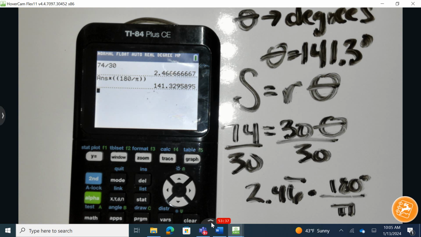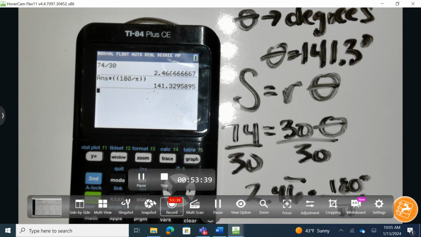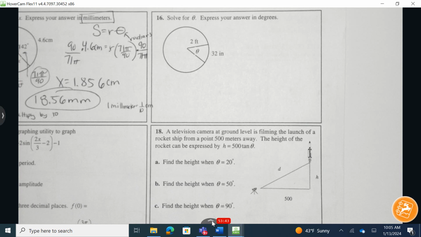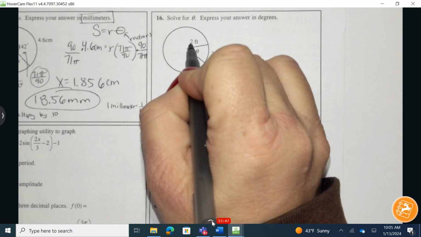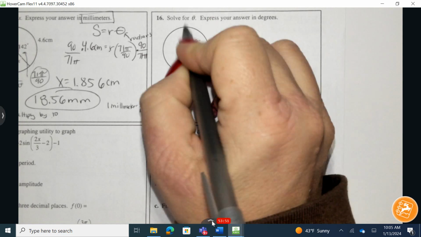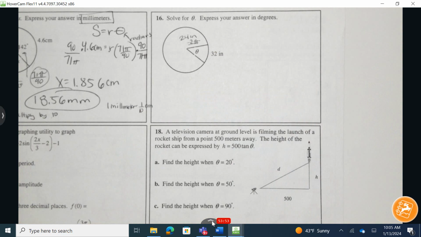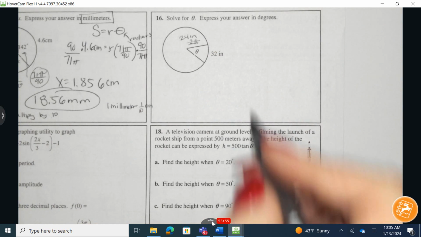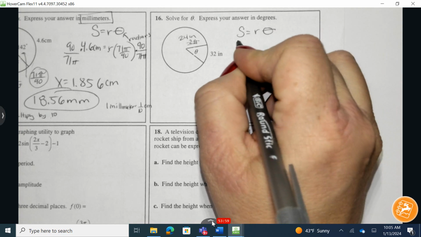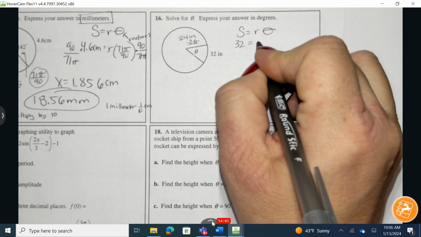Okay, let's go back and do number 16 next. Number 16, just like the last problem, they're not in the same units. I know that each foot is 12 inches, so 12 and 12 gives me 24 inches. And we're going to do this just like that practice problem I went over. So our arc length equals radius times theta. We have 32 inches for the arc length.